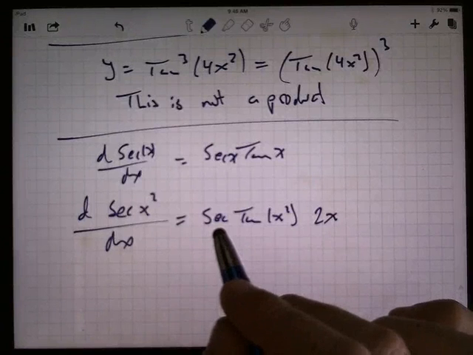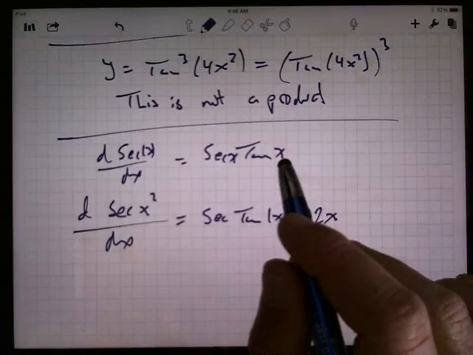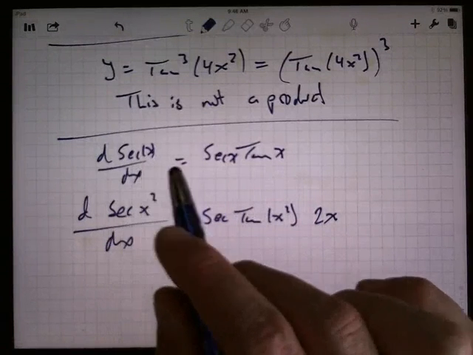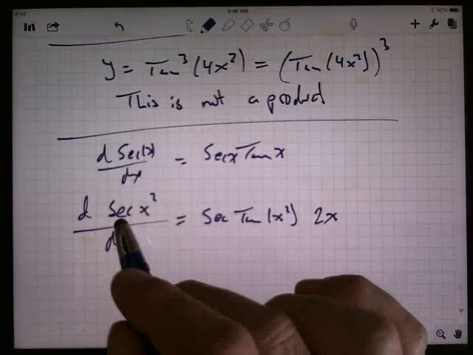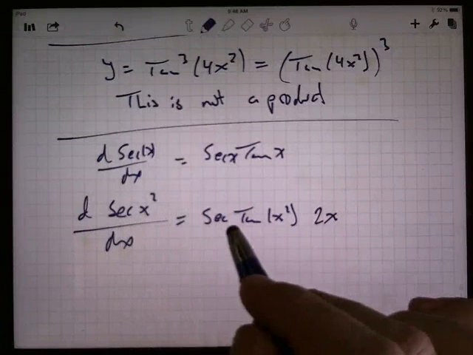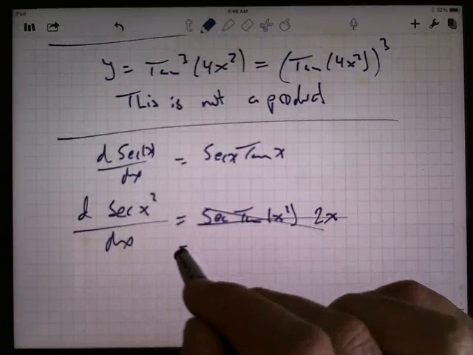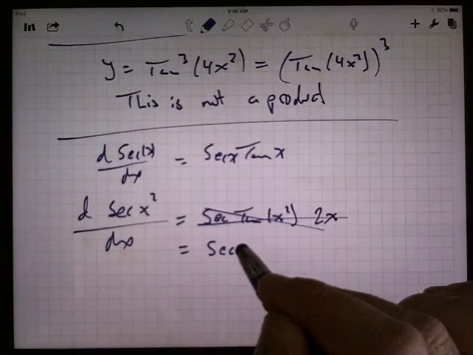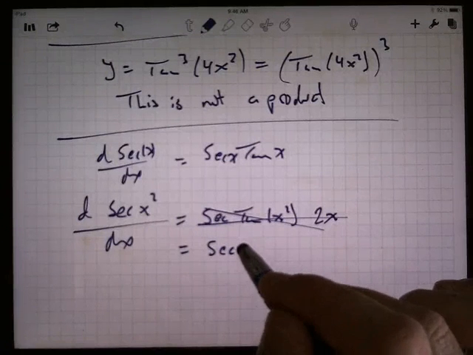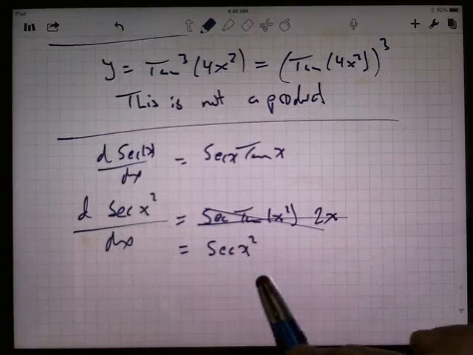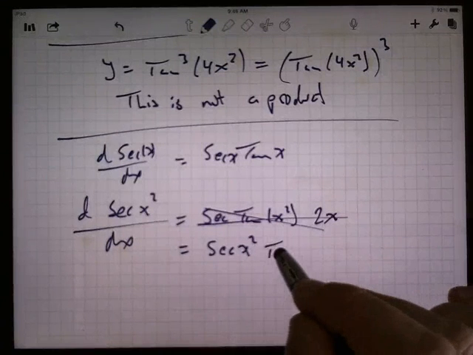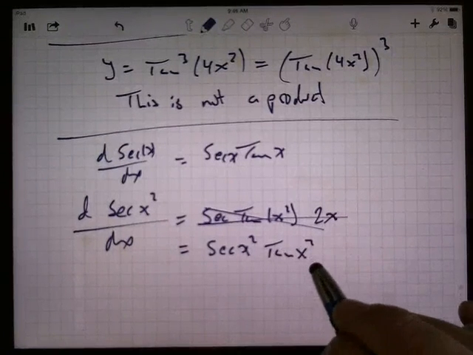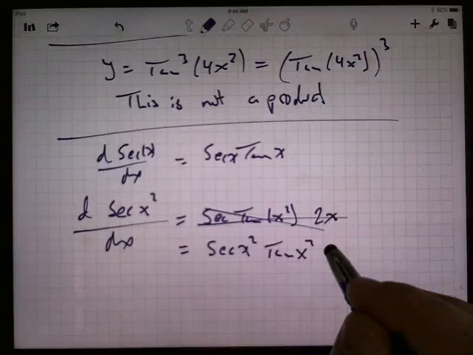The thing is, the derivative of the secant is not secant tangent. The derivative of the secant x is secant x tangent x. So the derivative of secant of x squared is the secant of x squared tangent of x squared, then times the derivative of the inside.